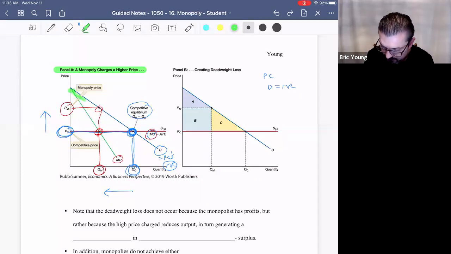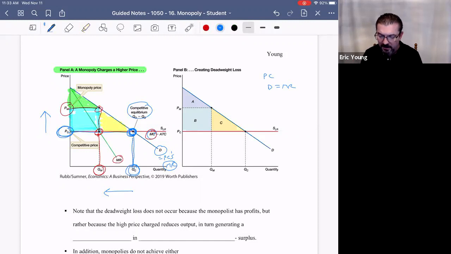Here's your demand curve, here's your price. So this triangle is consumer surplus, but the monopoly gets some profit. That would be producer surplus, which would be this triangle here. And we have this leftover triangle here, dead weight loss.